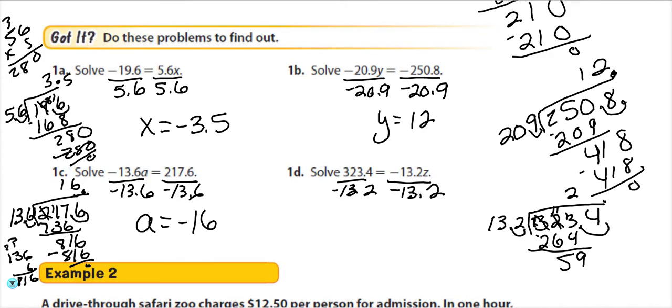So we have 59 left over. Bring down 4, and let's try 4 because double of that would be, let's see, 8, 12, so carry 5, yeah, 528.